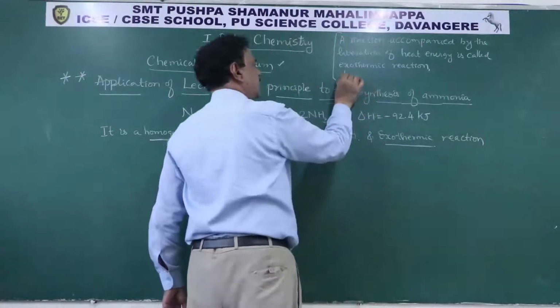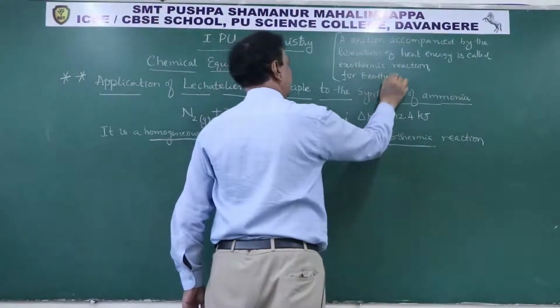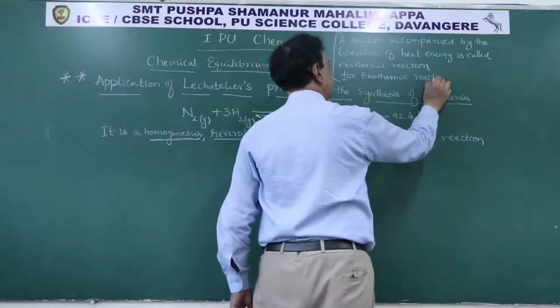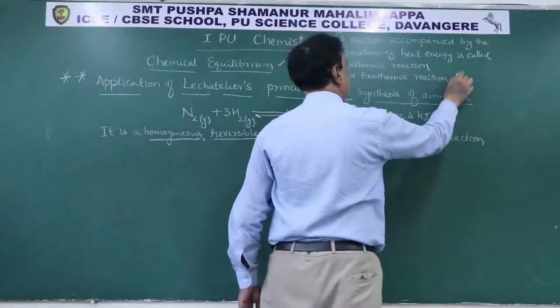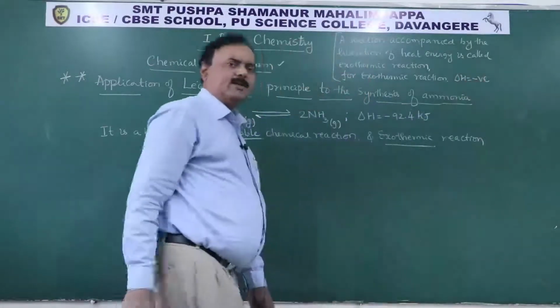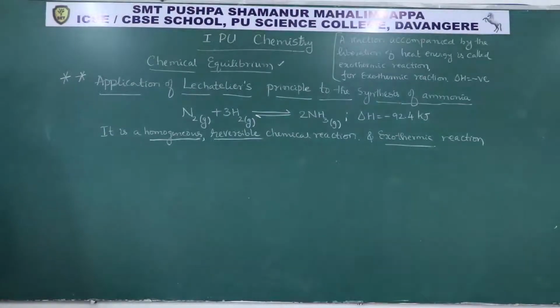For an exothermic reaction, delta H is negative.